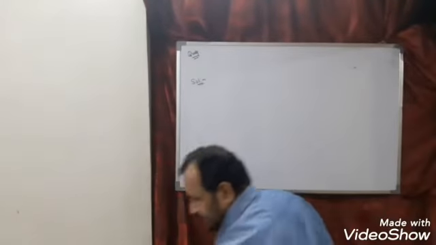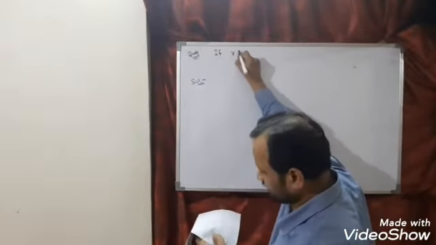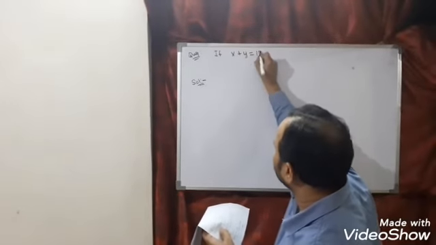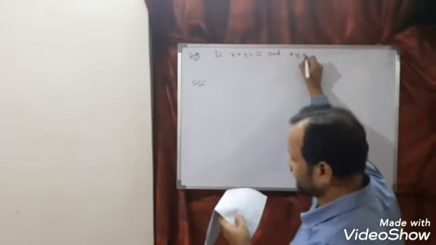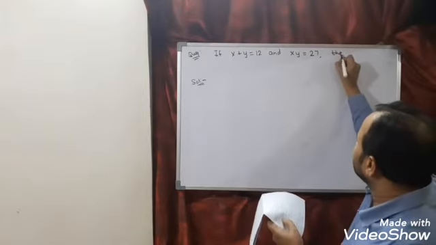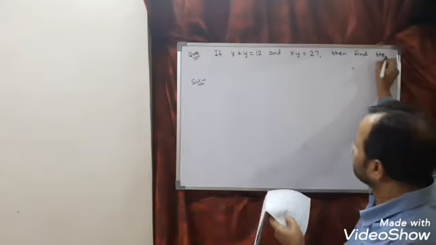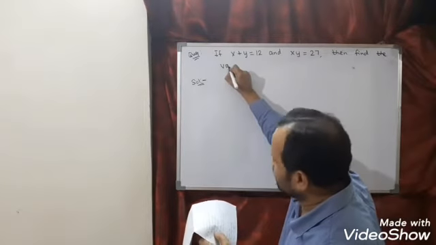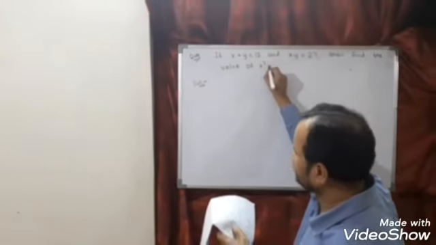The next question is, if x plus y is equal to 12 and xy is equal to 27, then find the value of x cube plus y cube.